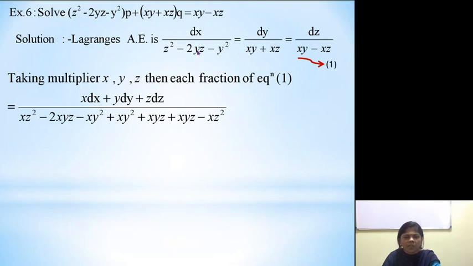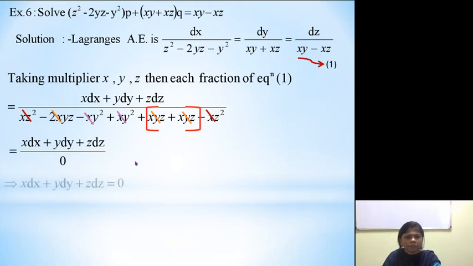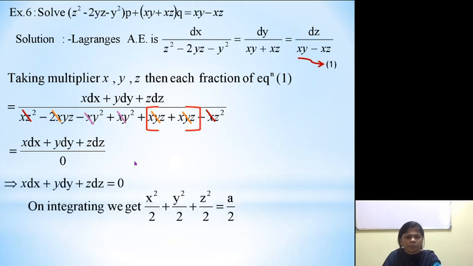Here x is missing, so we write x, here y is missing, so y, and z, like this. So what we find? We find such type of terms which will reduce to 0. So this gives you 0. On integrating, we get the answer.